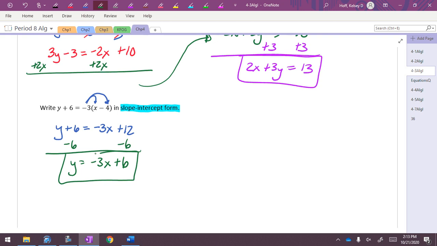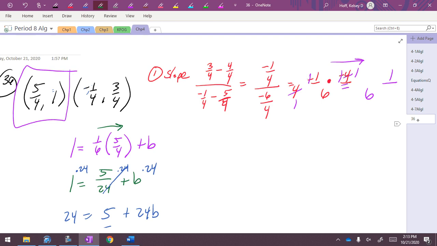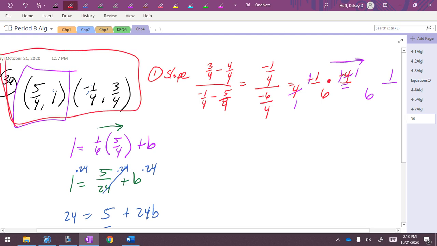So let's think about something for a minute. Set your pencils down. Let's go back to problem 36 from our homework from yesterday. If they gave us these 2 points, we're always going to have to calculate the slope first, which we know is 1/6. But I'm then going to plug it into point slope form.